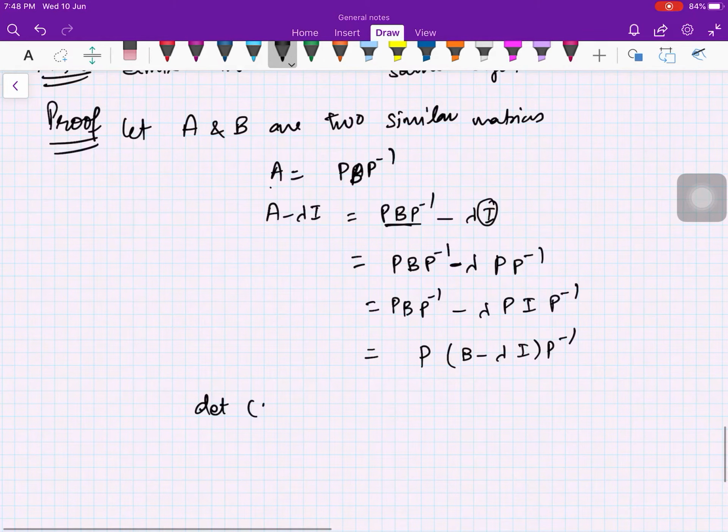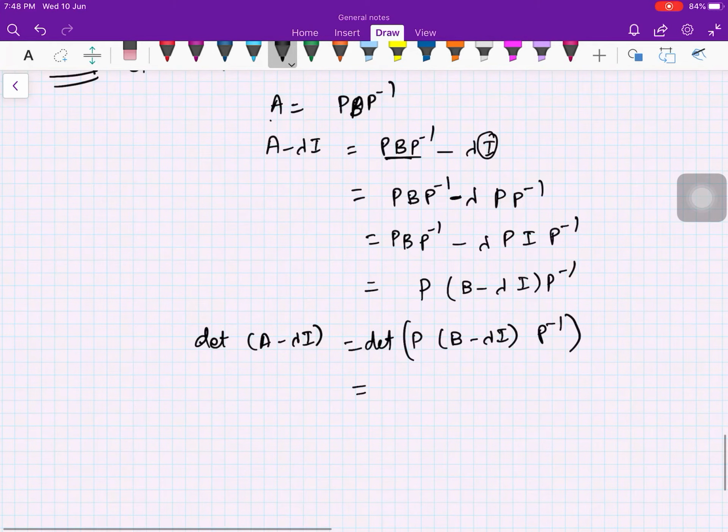Now look at the determinant of A minus lambda I. That will be the determinant of P inverse, B minus lambda I, P. We know that the determinant of a product of matrices is the product of the determinants.